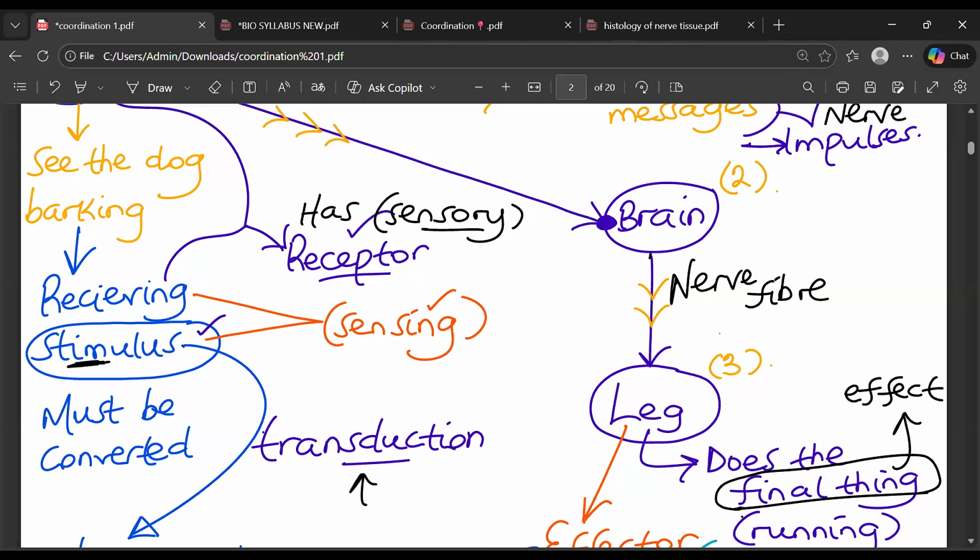When I run, the whole body is moving. Is that movement or locomotion? When you run, what are you doing? Are you moving or are you locomoting? Or both? It is both, because in locomoting the whole body is moving.